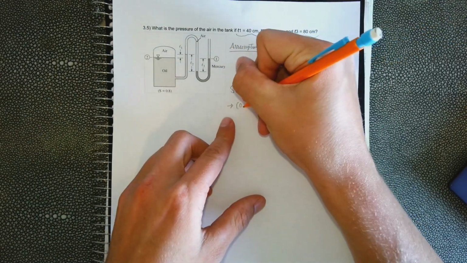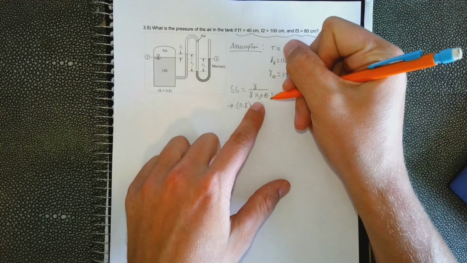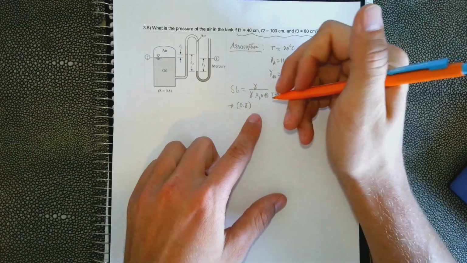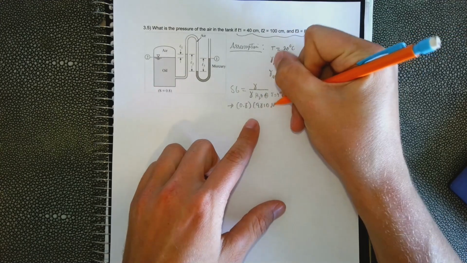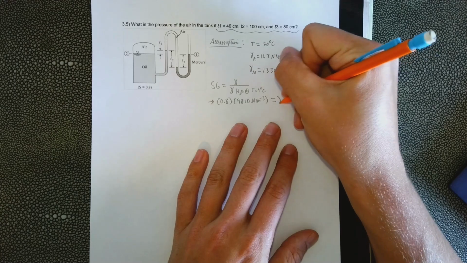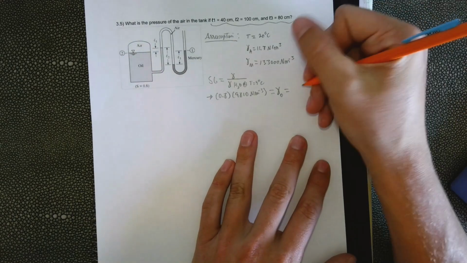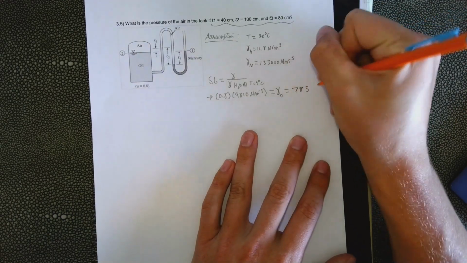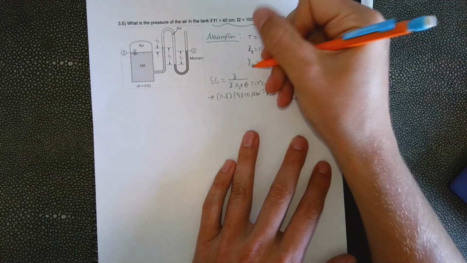We know the specific gravity is 0.8, and the specific weight of water at 4 degrees Celsius is 9810 newtons per meter cubed. Put that in the calculator, and the specific weight of oil is 7850. Those are going to be important.